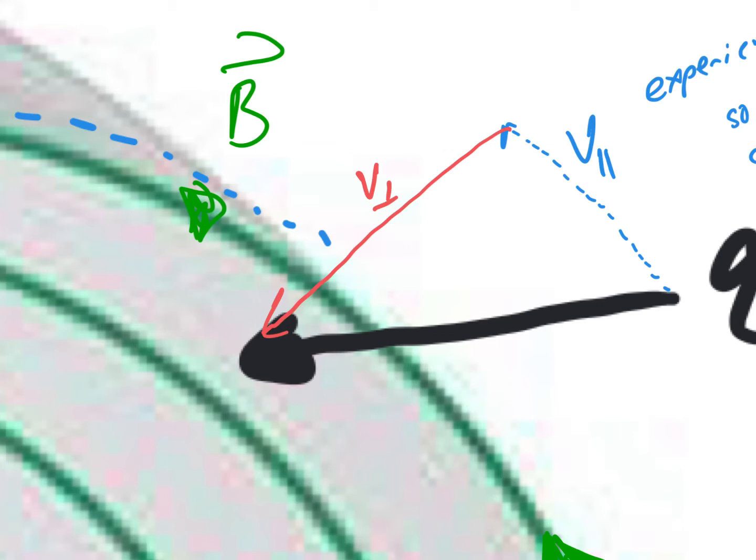I take my right hand and I put it in the direction of that red vector. I then rotate my hand so that my palm is pointing along the magnetic field. And that leaves me with my thumb pointing into the board, into the page, into the screen.